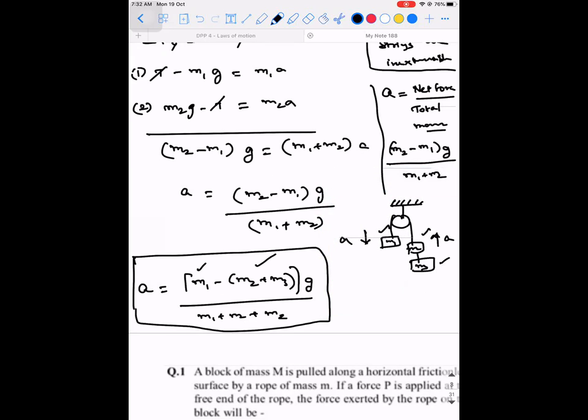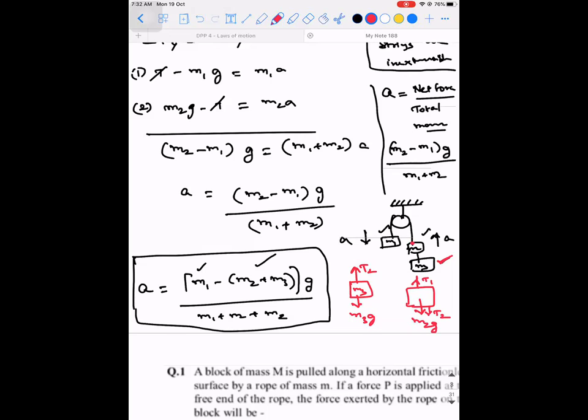If I draw a free body diagram of M3, that is the bottommost block, then M3g will act downwards, T2 will act upwards, right? What will happen on M2? On M2, there will be M2g, and it is connected to a string at the bottom that will exert a tension of T2, and a string at the top which will exert a tension of T1. Now you're able to understand.